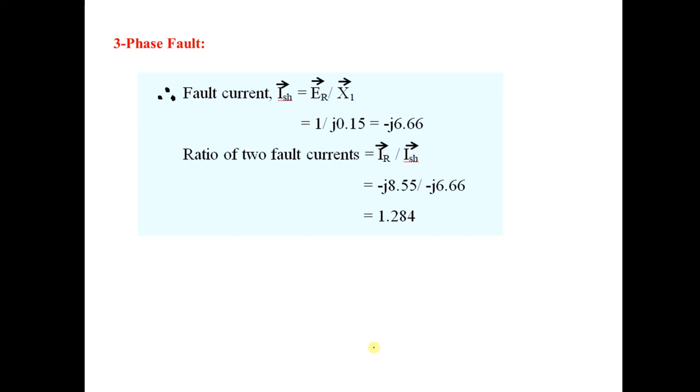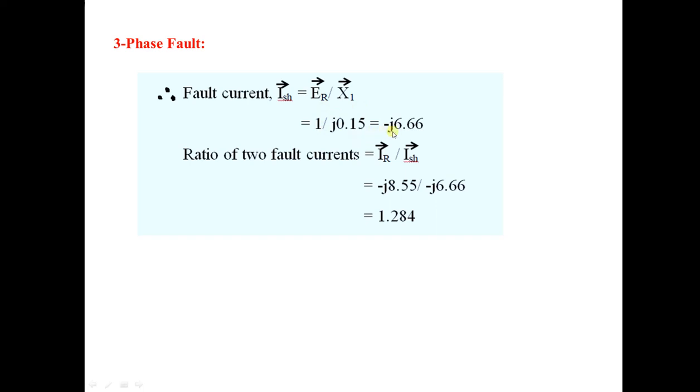For the 3-phase fault current, the condition is a short circuit in all three phases, which gives rise to a symmetrical fault current. Here I shunt is assumed to be limited by the positive sequence reactance X1, so I shunt will be equal to ER by X1, which is 1 by J 0.15.